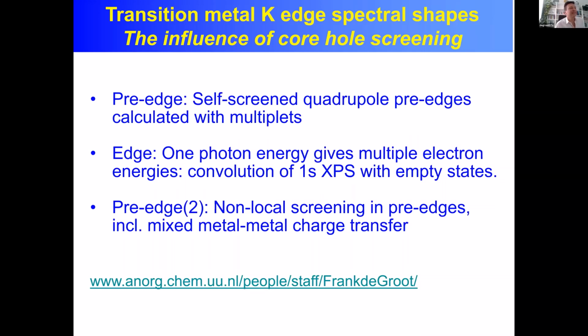Yes, thank you for the question. The titanium oxide actually was the first case of what I would call a non-local peak. You have your quadrupole transition to T2g and Eg, and you have your dipole transition to T2g and Eg. The funny thing in titanium oxide is that the crystal field is relatively large, 2.5 electron volts, and the screening of the core hole is also 2.5 electron volts.